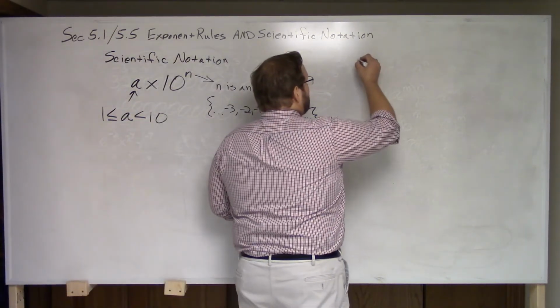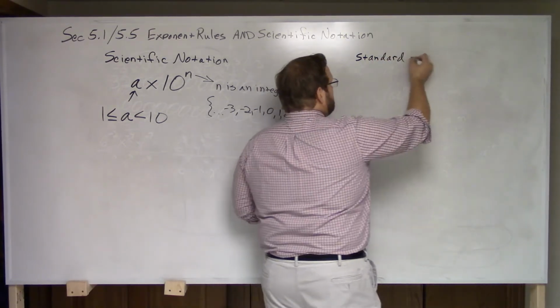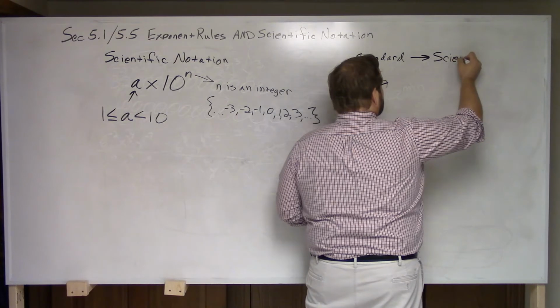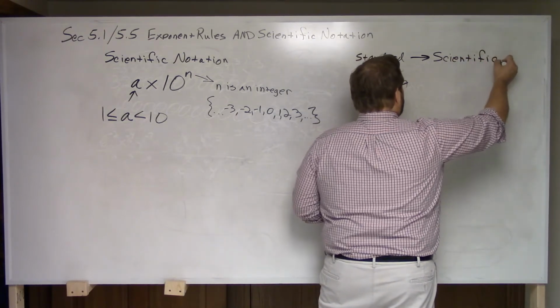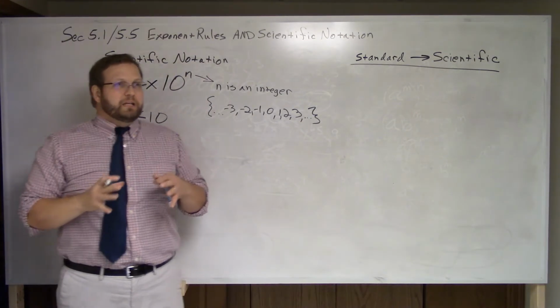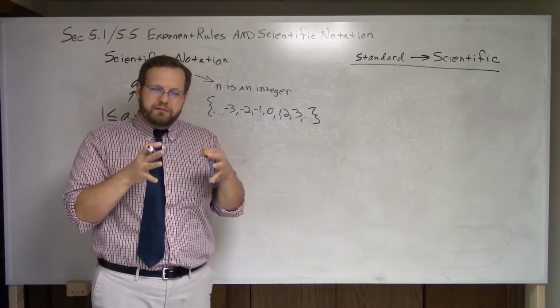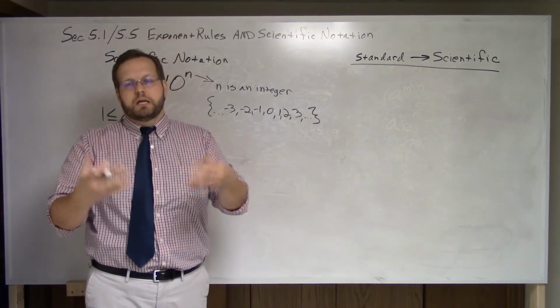Let's say I want to go from standard notation to scientific notation. Okay, again, these examples are not really going to be examples that this was made for. I'm going to keep the numbers a little bit more manageable just to illustrate the idea.